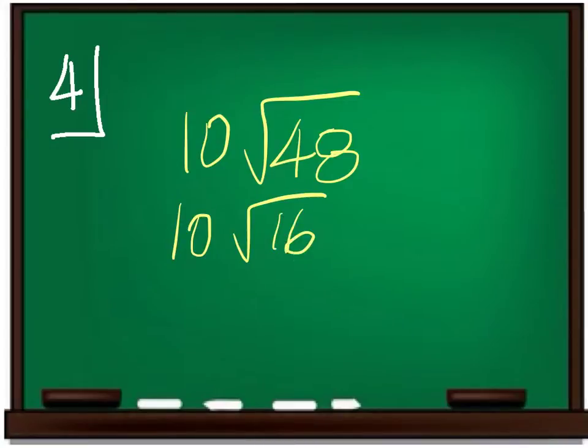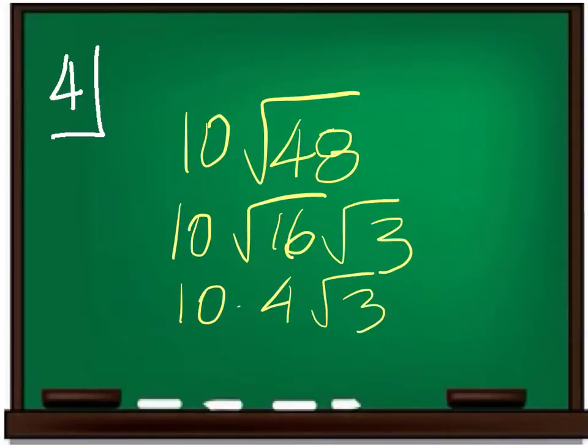Square root of 48 breaks up as 16 and 3. You should end up with 40 square root of 3.